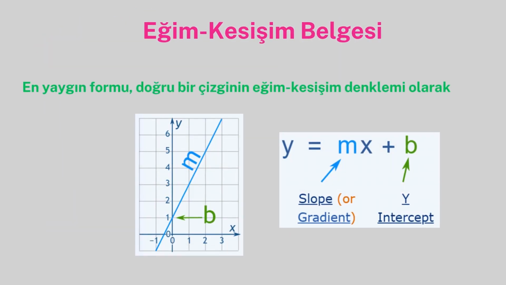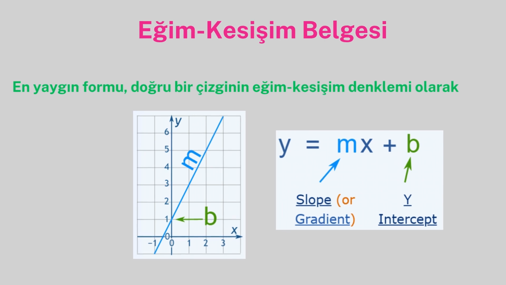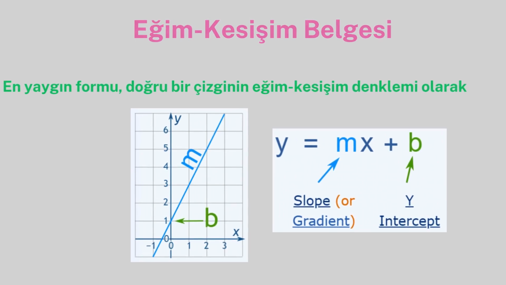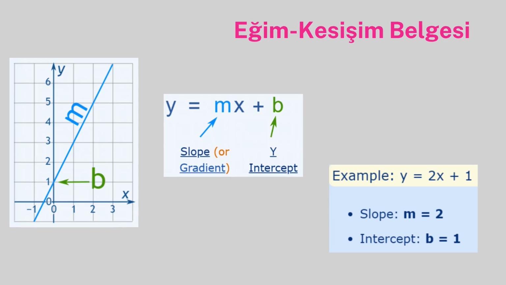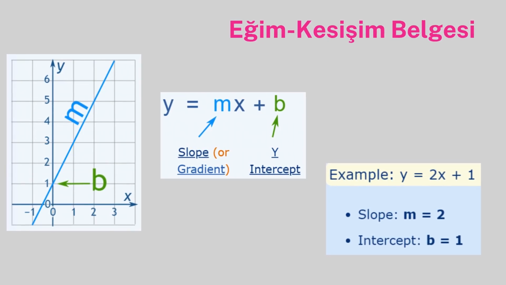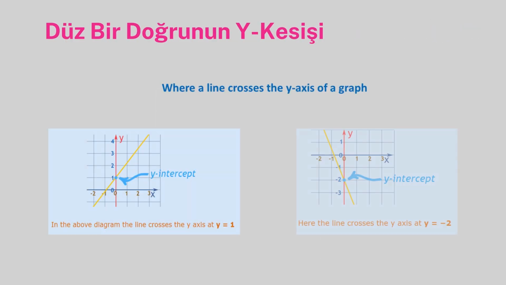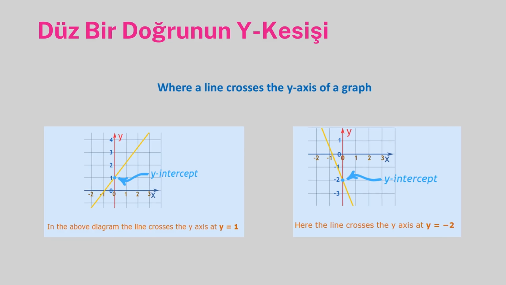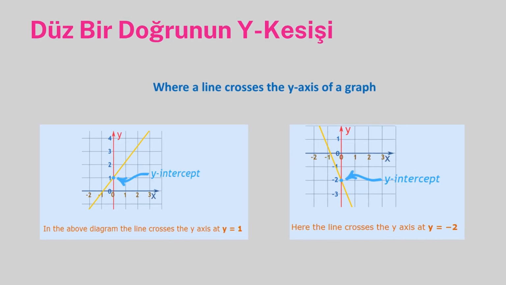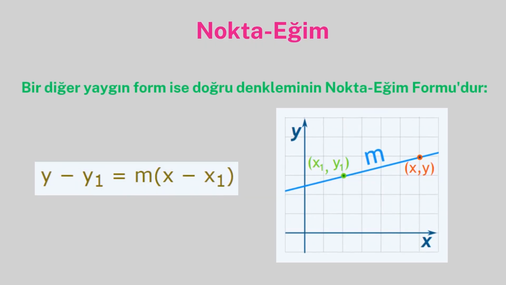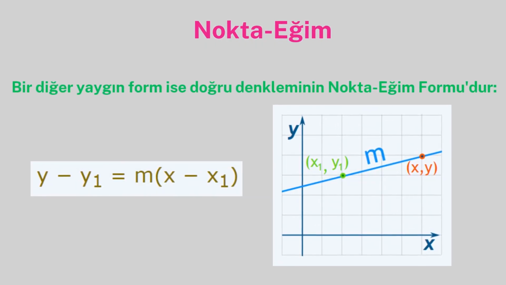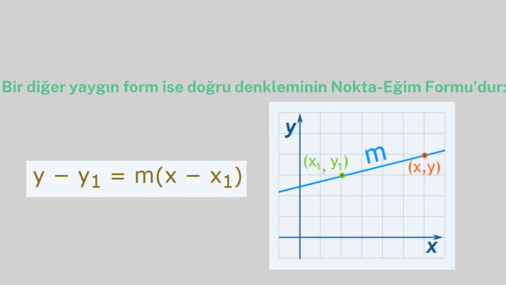Slope-intercept form. The most common form is the slope-intercept equation of a straight line. Point-slope form. Another common one is the point-slope form of the equation of a straight line.